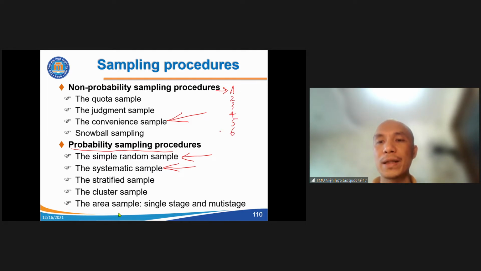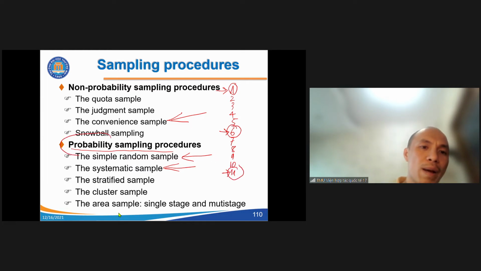But number 6, you send the sample again, and number 7, 8, 9, 10 you don't, and number 11 you send the sample again. So you must follow that, no matter where they are or who they are, because you chose the probability sampling procedure.